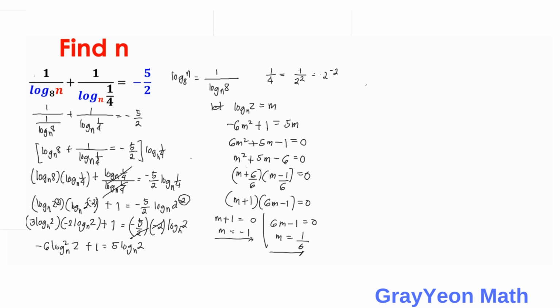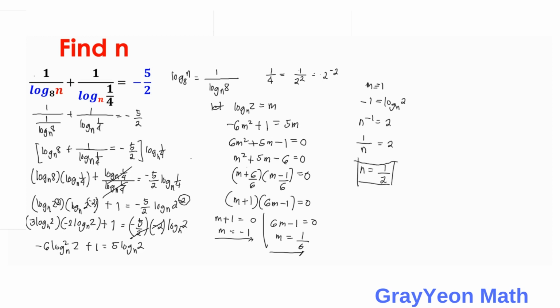If m is equal to negative 1, we have negative 1 is equal to the logarithm of 2 to the base n. It means n raised to negative 1 is equal to 2. So n to the negative 1 can be written as 1 over n is equal to 2, and cross multiplying, we have n is equal to 1 half.